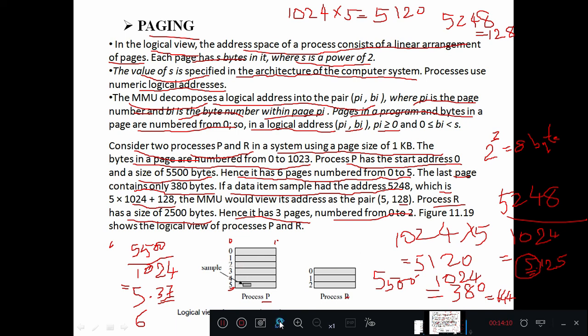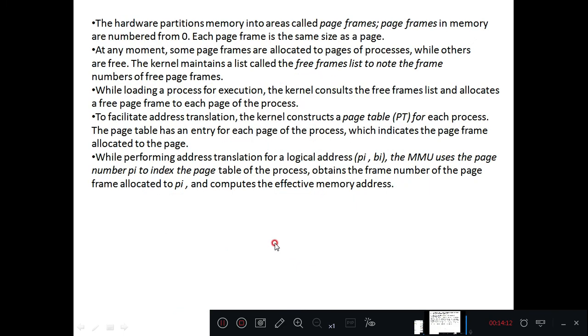Okay, so moving to the next slide, who is going to perform this paging calculation and all, right? The hardware partitions memory into areas called page frames. The page frames in a memory are numbered from 0, right? So whatever we have seen in the previous diagram, these are called the page frames.